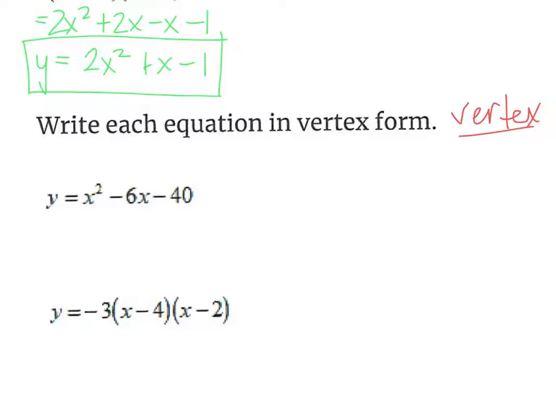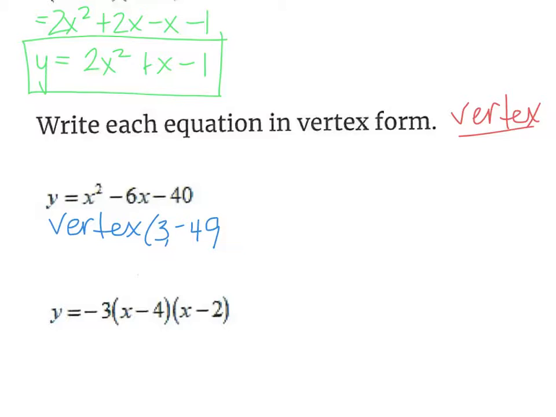You can do other methods, but finding the vertex by graphing will work for you here too. If you graph on this second to last problem, and calculate, remember second trace is calculate the min, it's the bottom of the parabola. You find that you have a vertex at 3, negative 49.